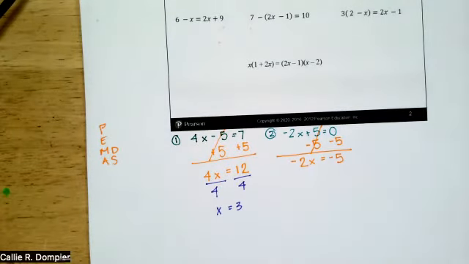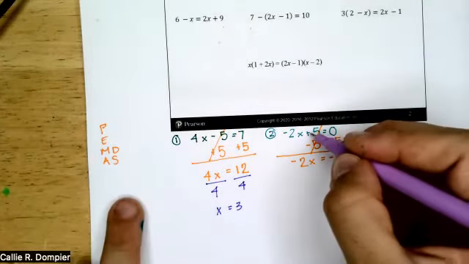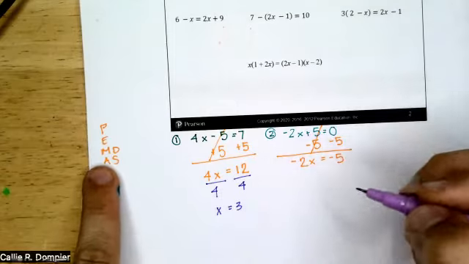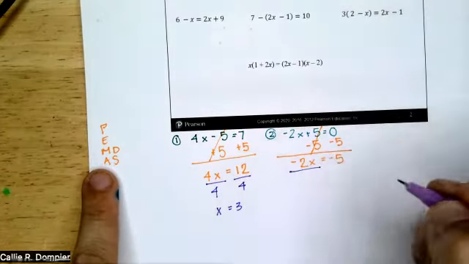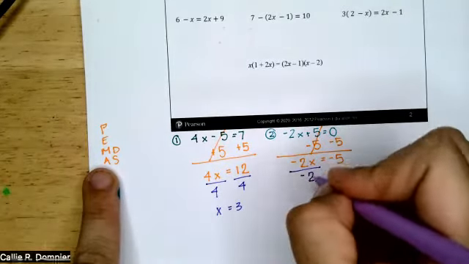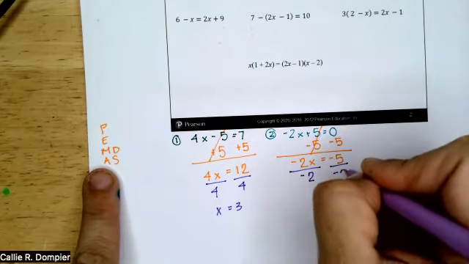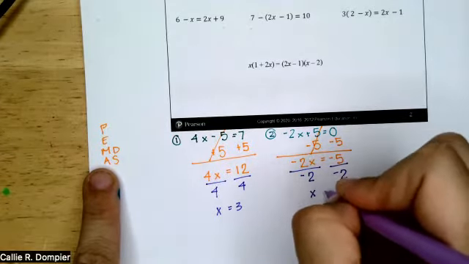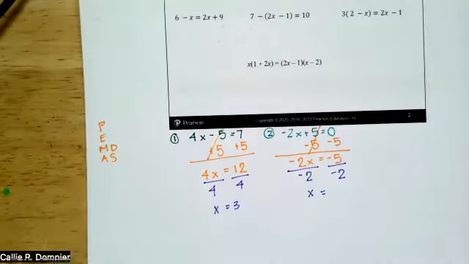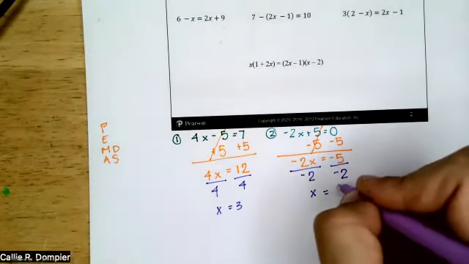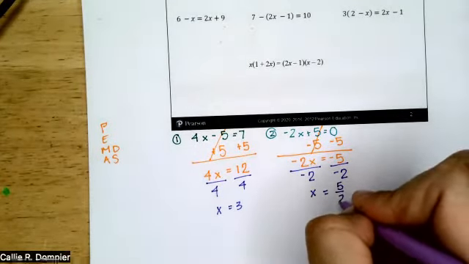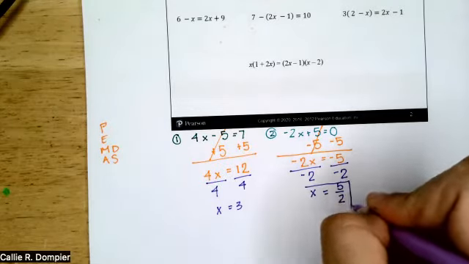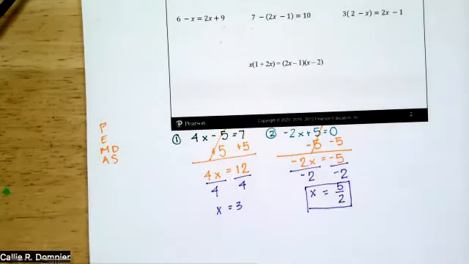Good. That was our addition. Now I need to undo multiplication by negative 2. The opposite of multiplication is division. So negative 2 divided by negative 2. That just gives me x is, honestly, I would probably leave this as a fraction, 5/2. Does that make sense? Why it's a positive 5/2?